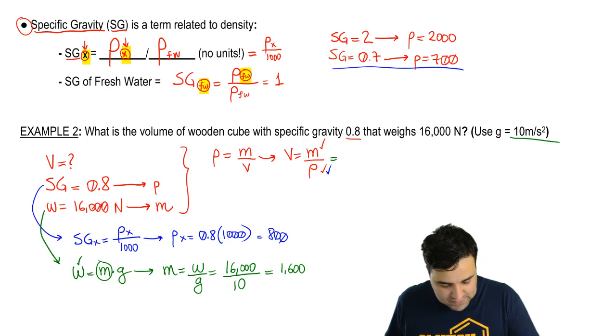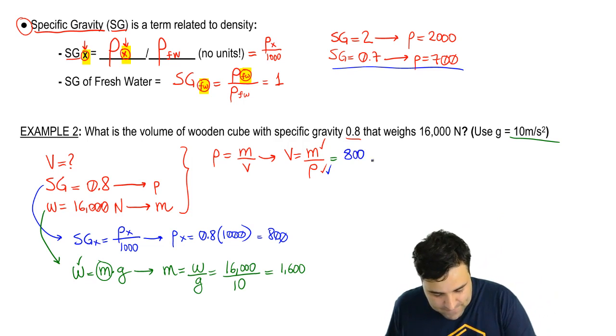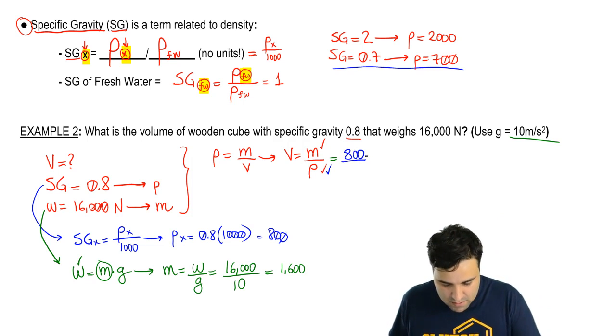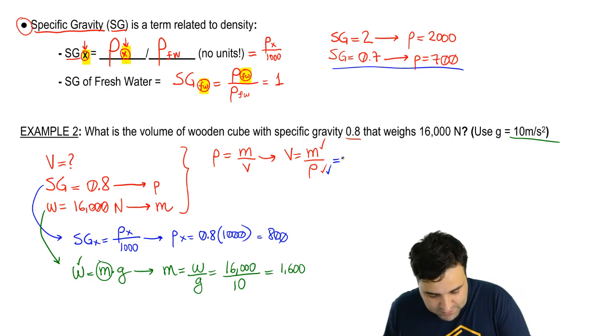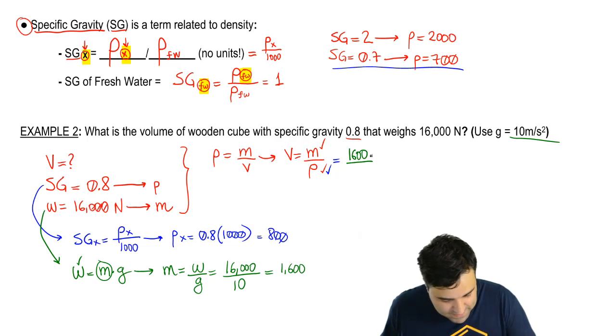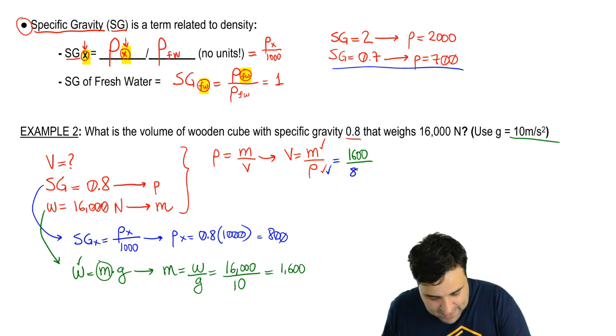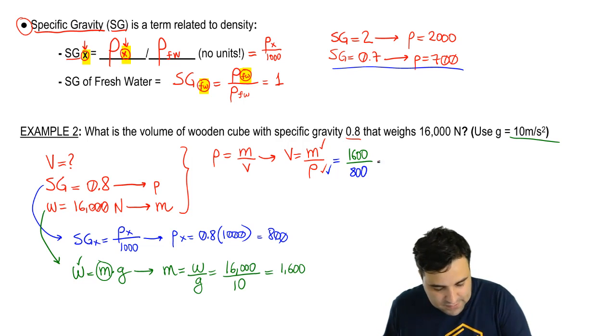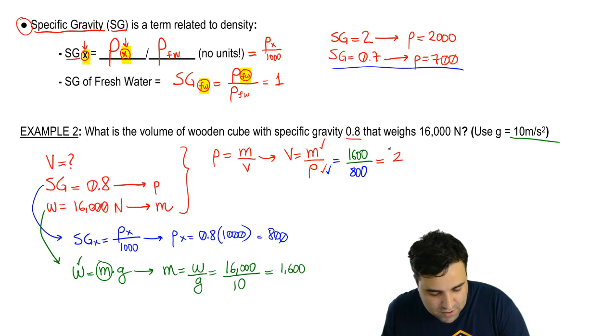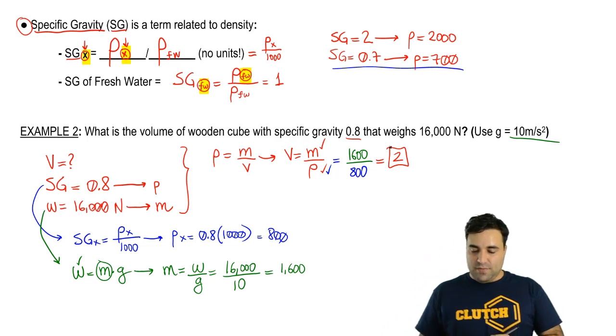The mass is 1,600, and the density is 800. I got that backwards there. And if you do this, it's simple. I made the numbers easy here. It means that the volume is 2.